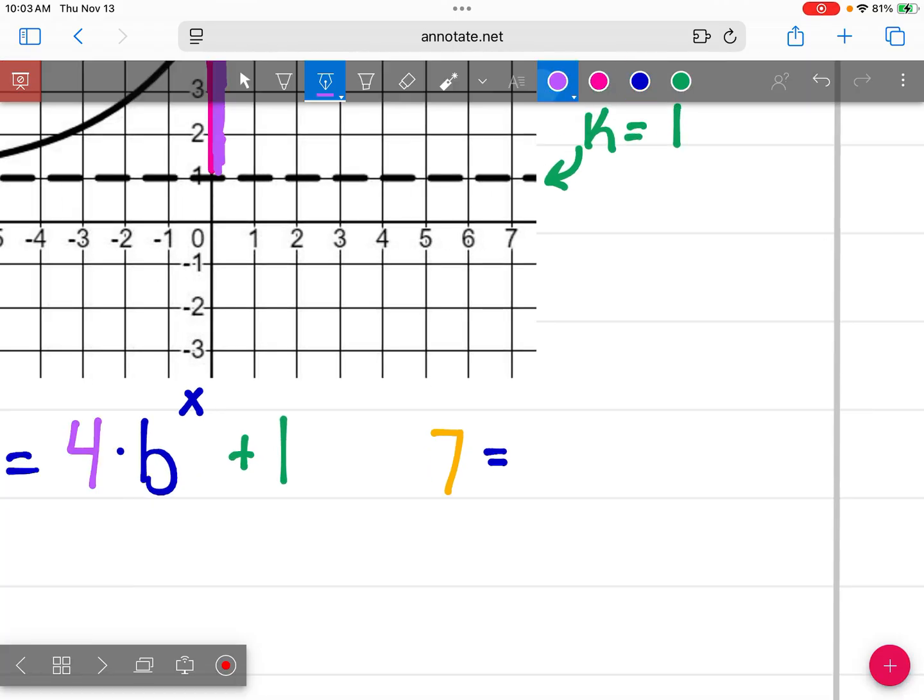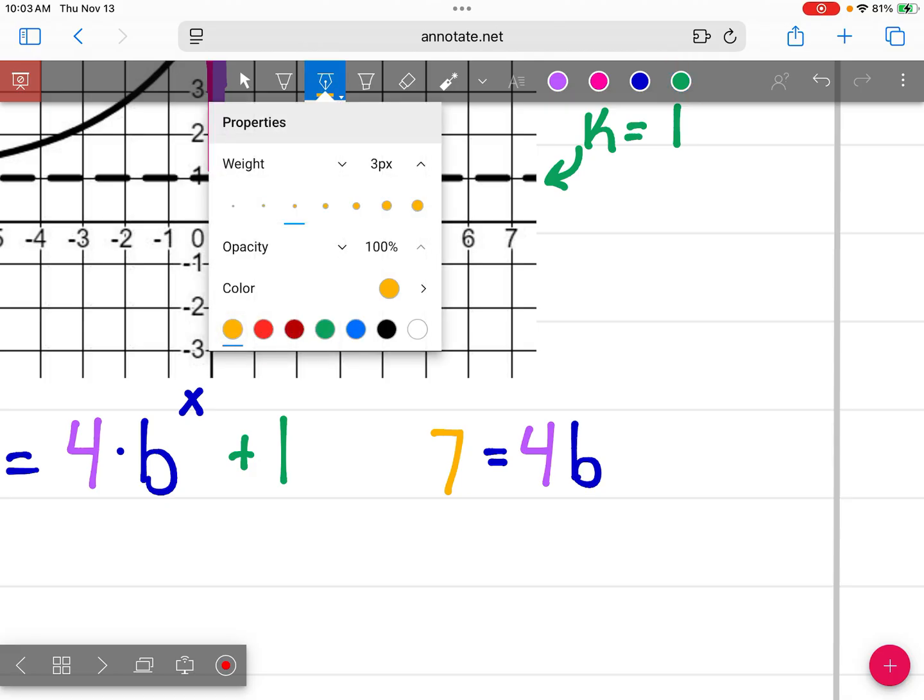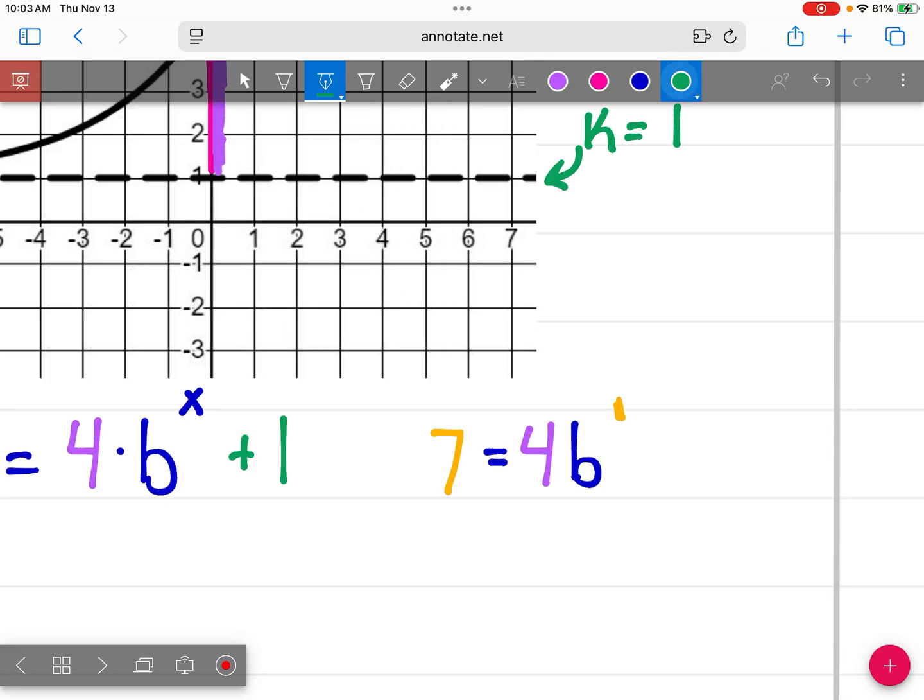I know my a is 4. Trying to figure out that b. My x is 1, plus 1. And we can solve this, because I can subtract 1 from both sides.